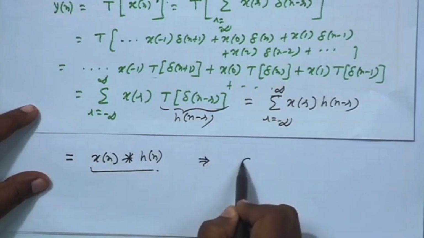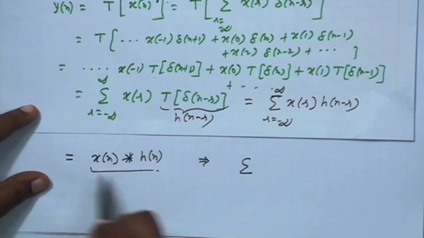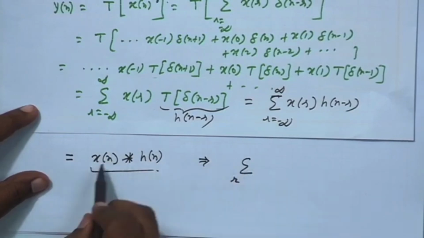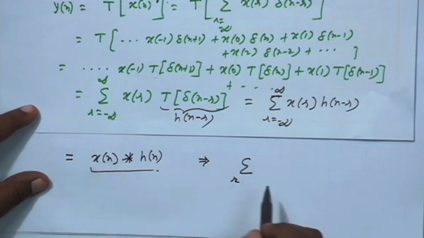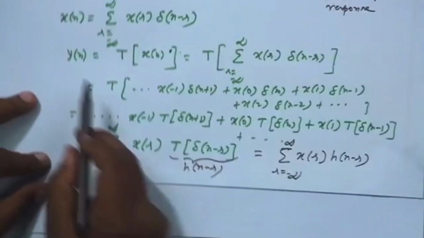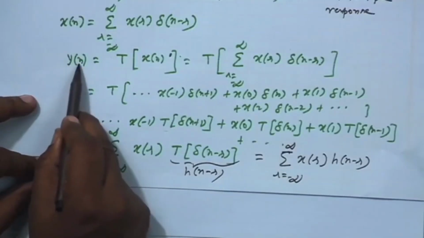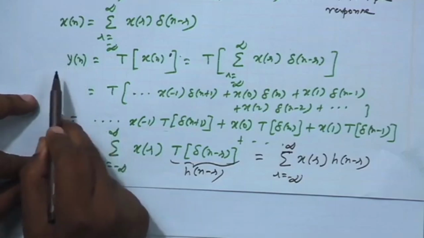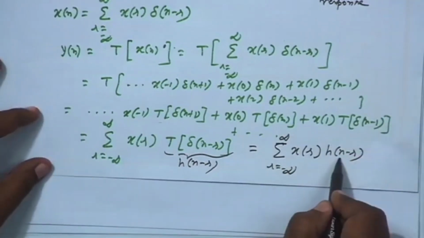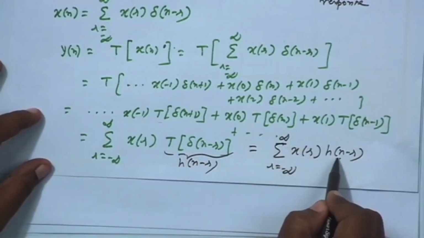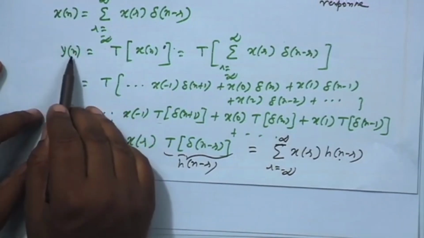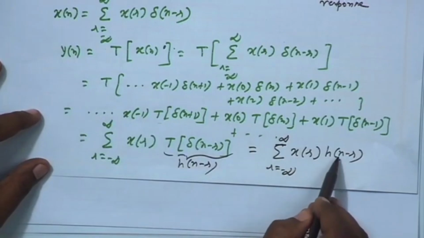You first bring a summation, then bring an index r or L or M or anything but n, not n, because by this convolution you are trying to find out y n. So, n is your choice: you want to find y at a particular n of your choice, n is fixed by you, and r is the only variable. Remember n is fixed by you from the left hand side; you want to find the output at a particular n of your choice, and that n went in here.